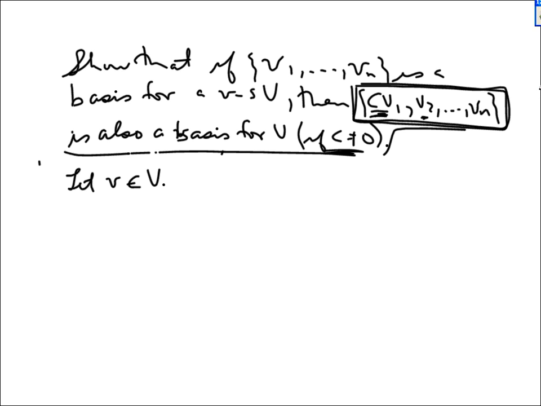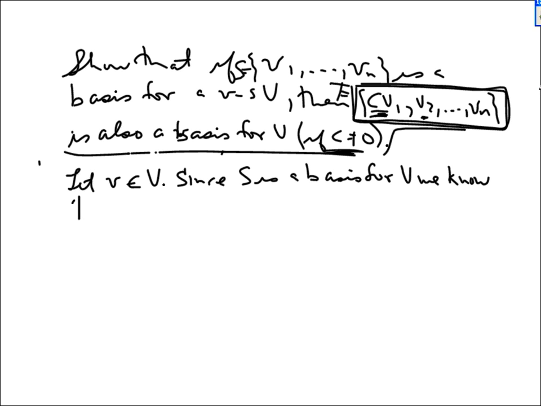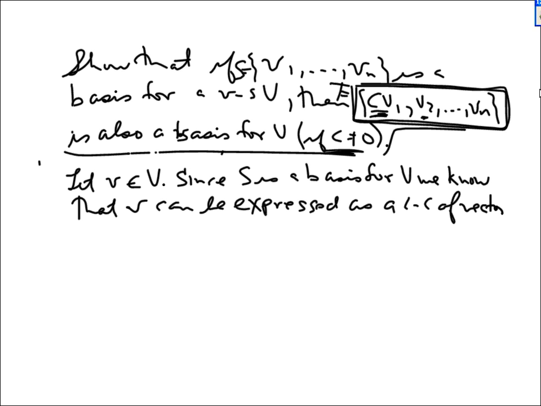Let little v be in V. Let's just name these S and this one T. Since S is a basis for V, we know that V can be expressed as a linear combination of vectors.